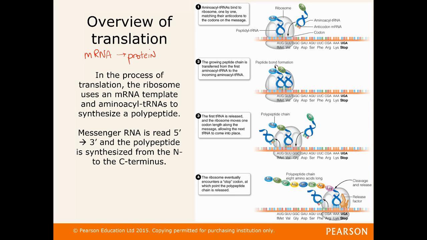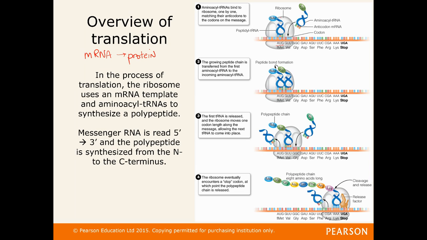The tRNA has a region that will align with the messenger RNA in what's called a codon that has 3 letter designations. So let me give you an example here. The messenger RNA starts off with AUG. That is the code for the amino acid methionine.